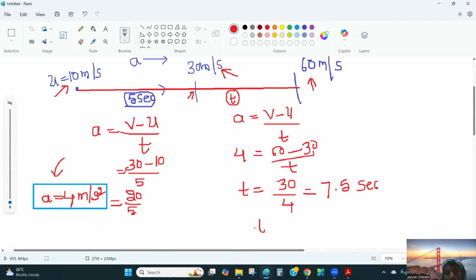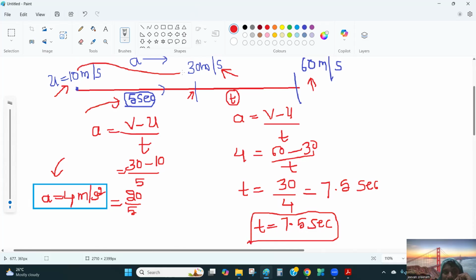So the time taken for the body to increase the speed from 30 meter per second to 60 meter per second is 7.5 seconds. As it is a uniformly accelerated body, to increase from 10 to 30, the time taken is only 5 seconds. Please observe, from 30 to 60, it has taken 7.5 seconds.